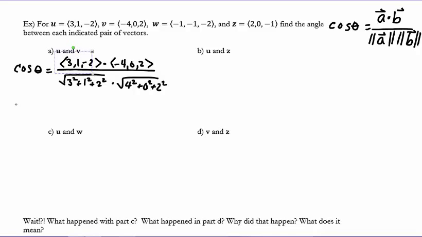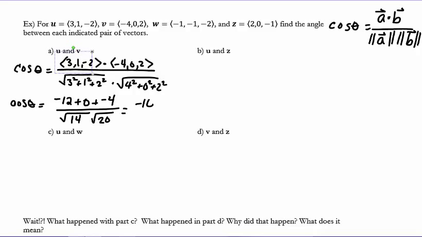So, cos theta equals 3 times negative 4, which is negative 12, plus 1 times 0, which is 0, plus negative 2 times 2, which is negative 4, over the square root of 9 plus 1 plus 4, which is 14, and the square root of 20.